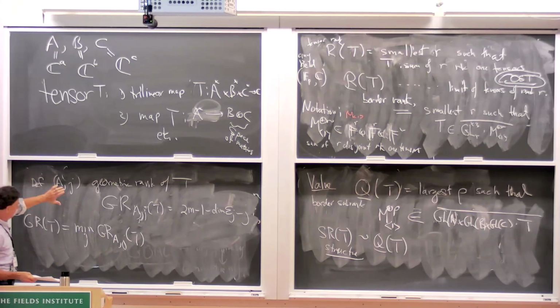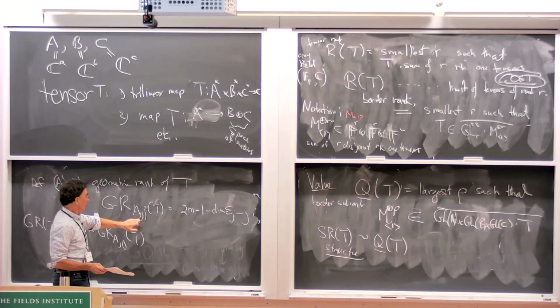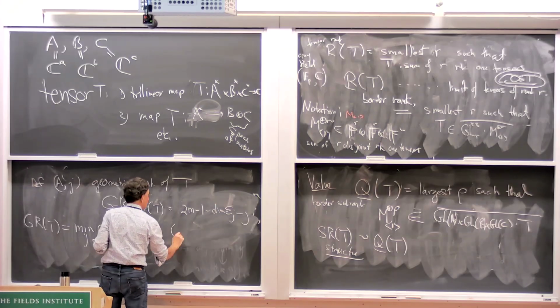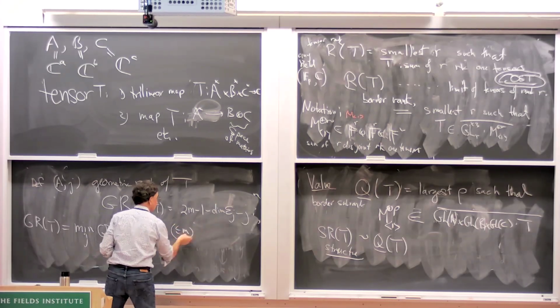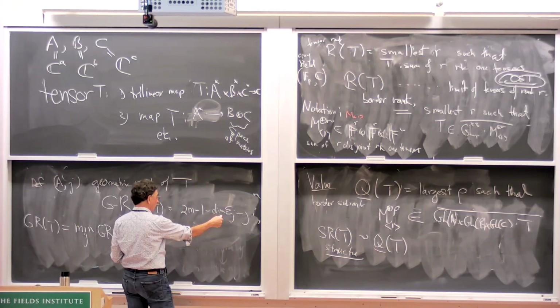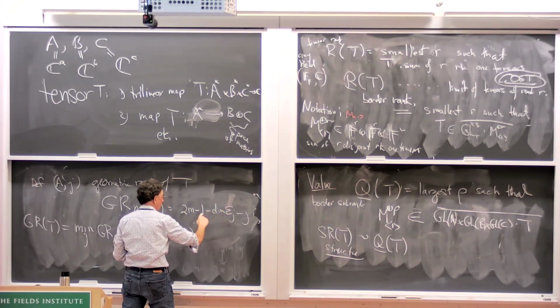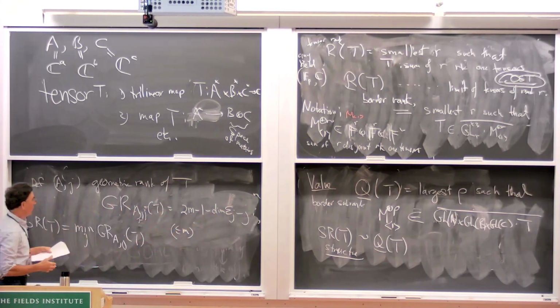So let's just work with the case where j equals 1. So note that this thing is at most m, because if this thing were the whole space, this would be m minus 1, and then we have these other minus 1s. Well, maybe I'm off by 1, but anyway.